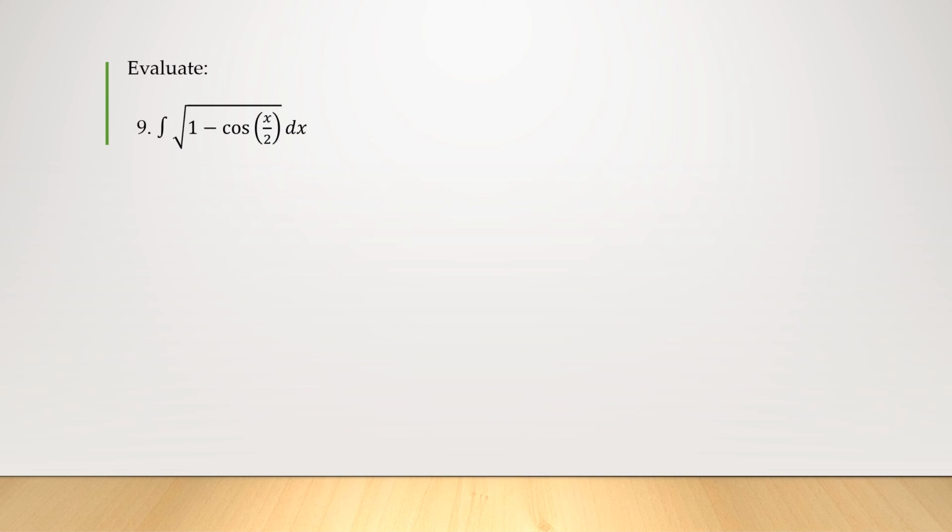Okay, the next one is the integral of the square root of 1 minus cosine x over 2. Well, we have to apply an identity here. Recall that sine squared theta is equal to 1/2 of 1 minus cosine 2 theta.